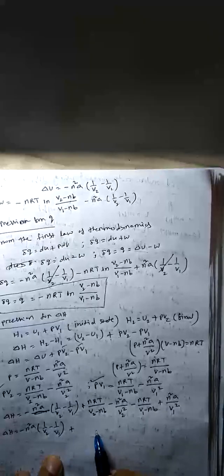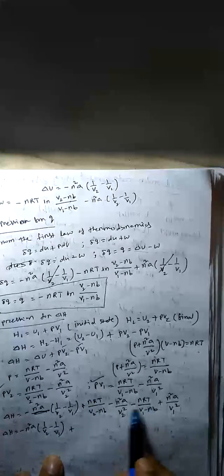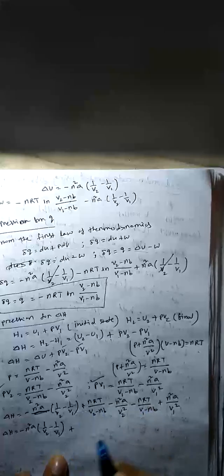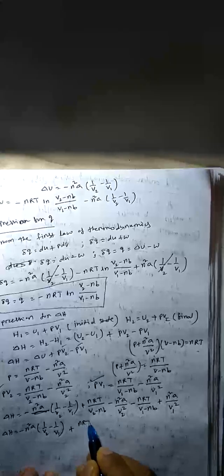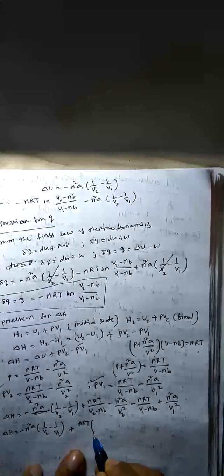You do one thing. From these two, you take nRT common. When you make it common, what do you get?